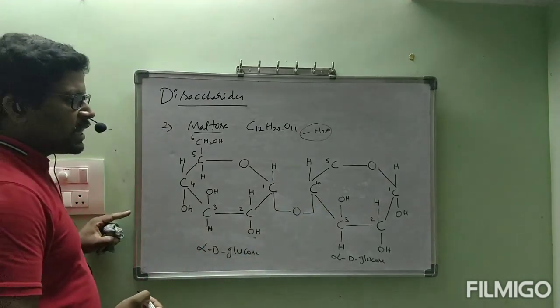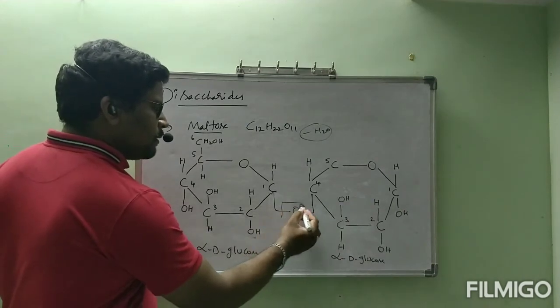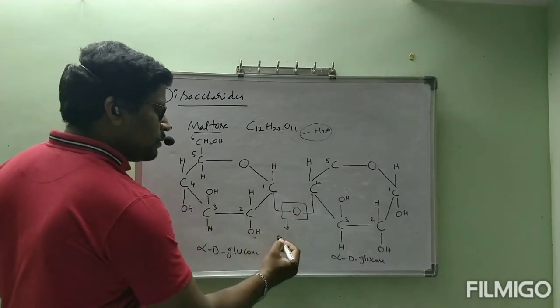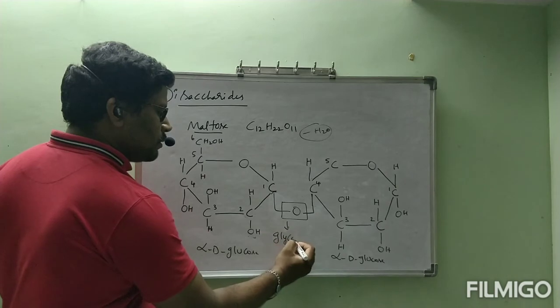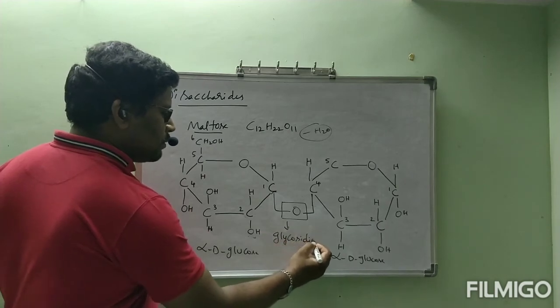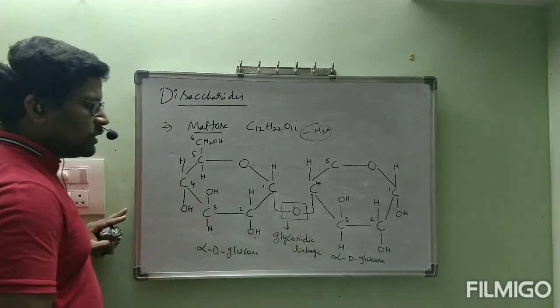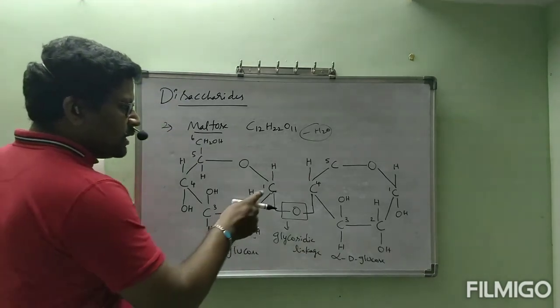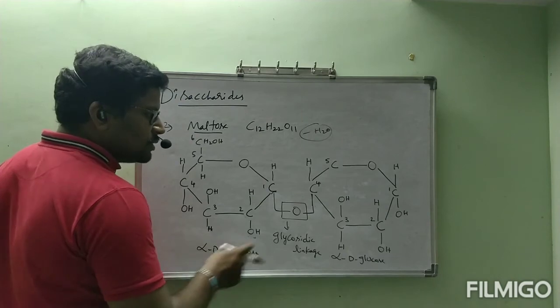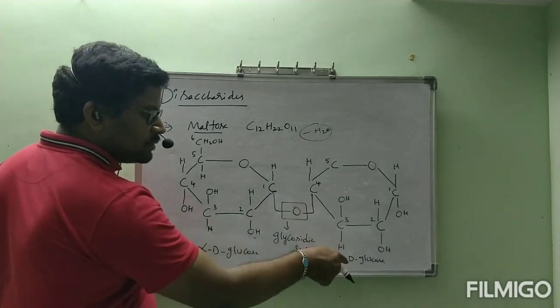In between which carbons? We will get glycosidic linkage in between C1 of alpha D glucose and C4 of alpha D glucose.